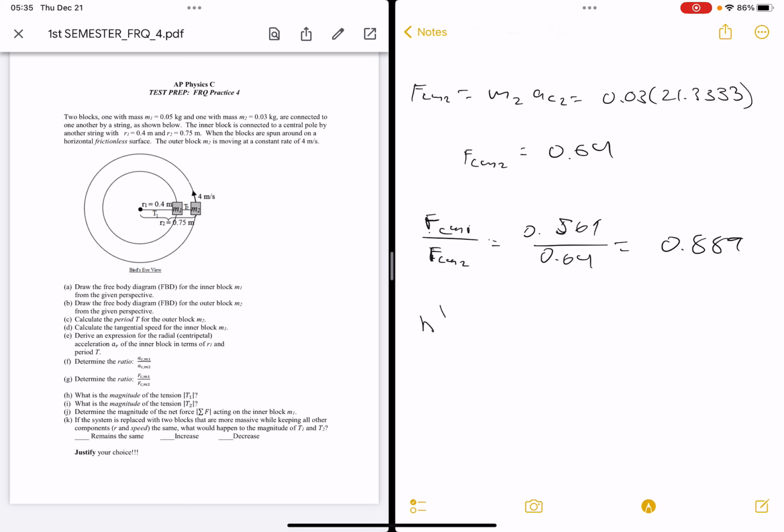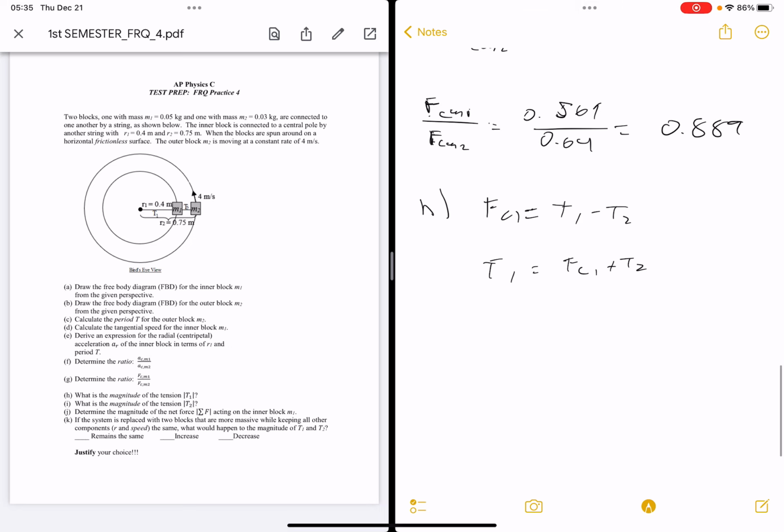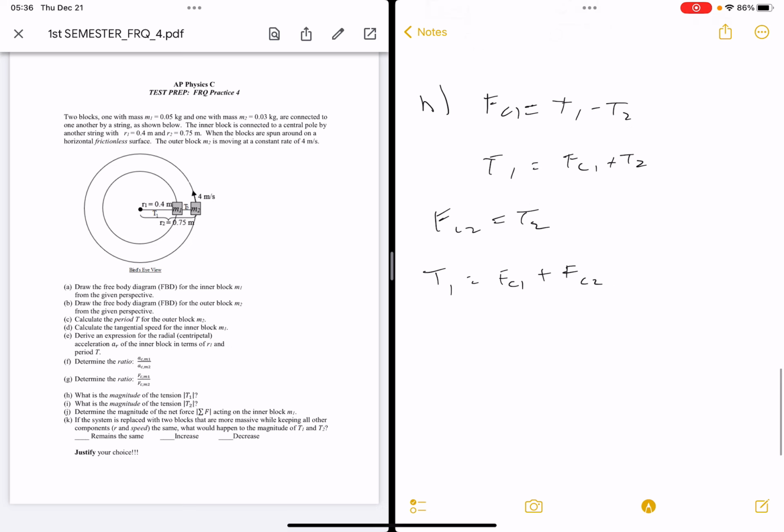H is next. So magnitude of tension T1, we just set the net force, so FC1 equals T1 minus T2. Solve for T1, T1 equals FC1 plus T2. And we know that FC2, which is the net force at the second block, is just equal to T2. So that means that T1 is just FC1 plus FC2. And we already found both of those earlier.